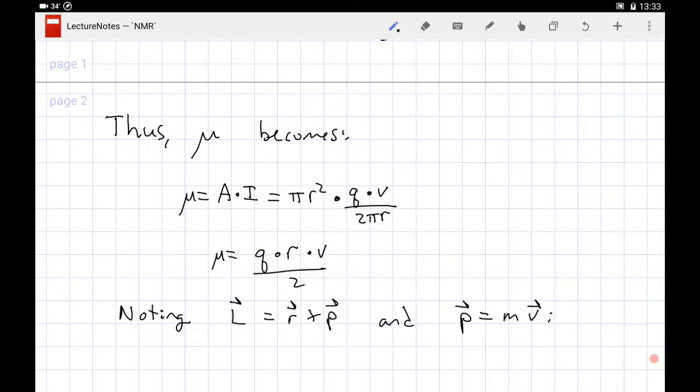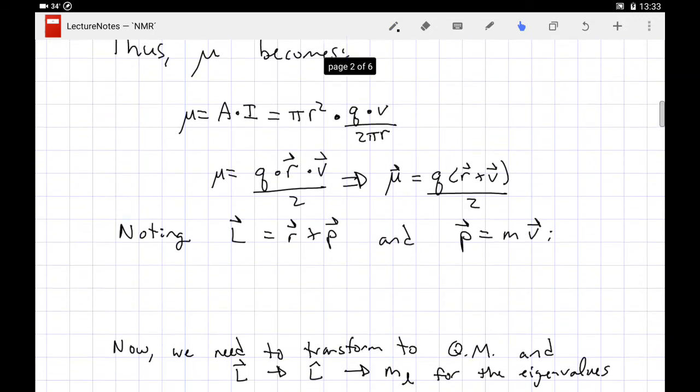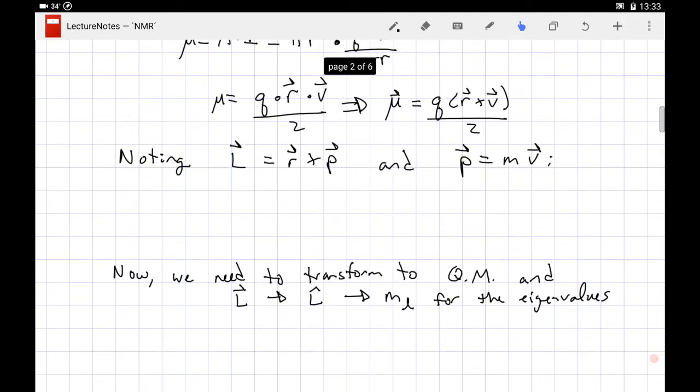Neat. And again, if we're looking at it classically, these are vectors, and formally that is going to be a cross product: q, and then it's r cross v, over 2. So, formally speaking, we're looking at that cross product between the radius and the linear velocity.